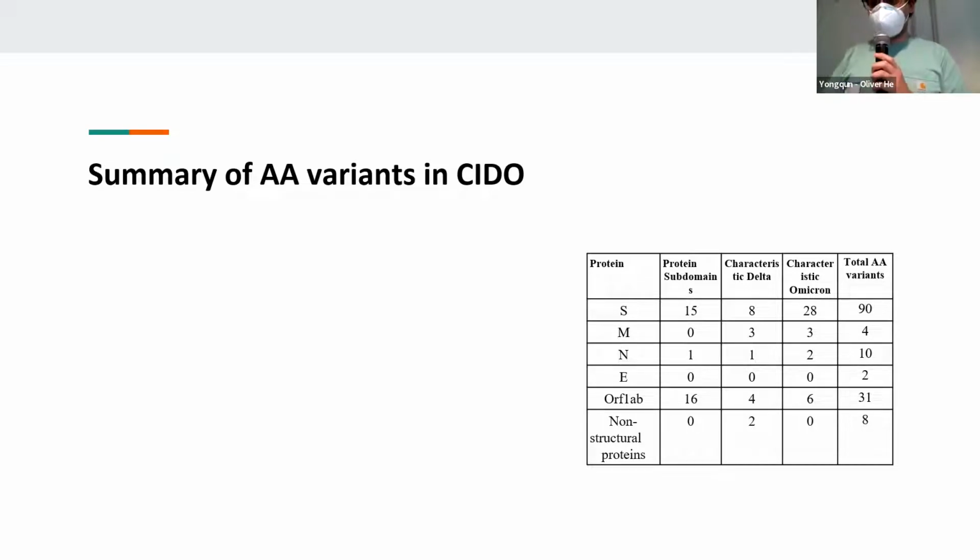So what is currently missing from this presentation is mostly a focus on the specific subdomains and the frequency for the amino acid variants. The most common amount of amino acid variants occurs with the S protein, which is about 62% of all the amino acid variants currently in SIDO.